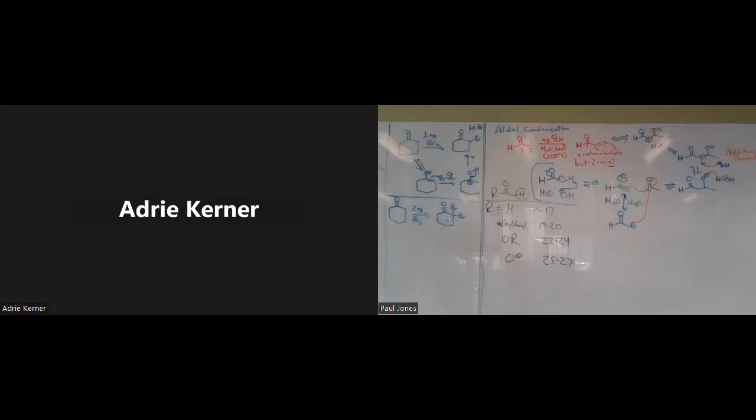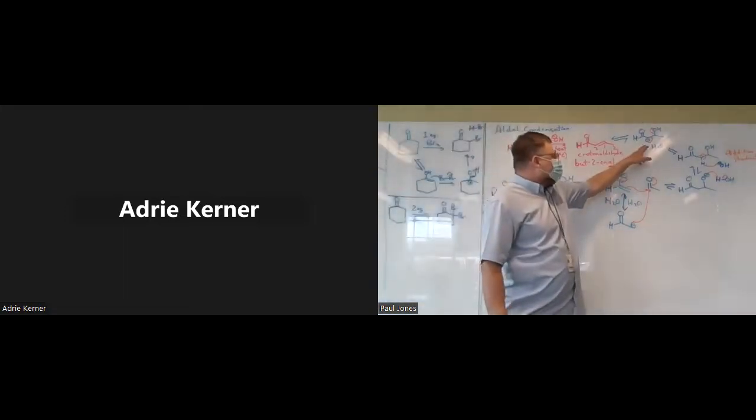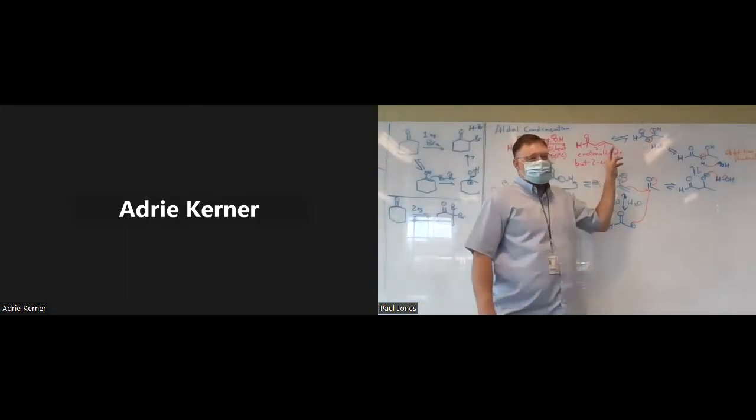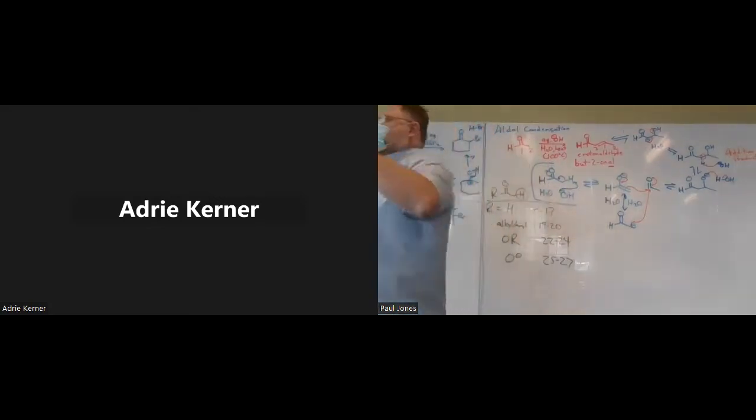You don't have an alcohol spontaneously lose hydroxide. But there are plenty of reactions where hydroxide is a leaving group. Why can hydroxide be a leaving group here and not in an SN2? Forget SN2. Why can it be a leaving group here?